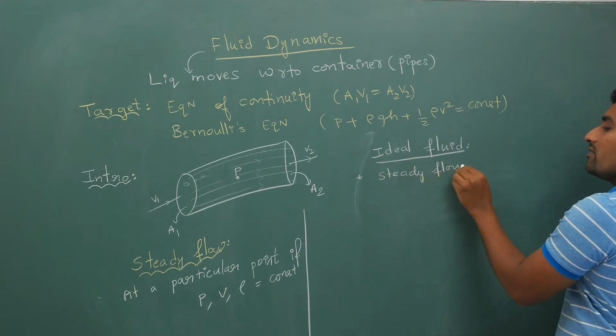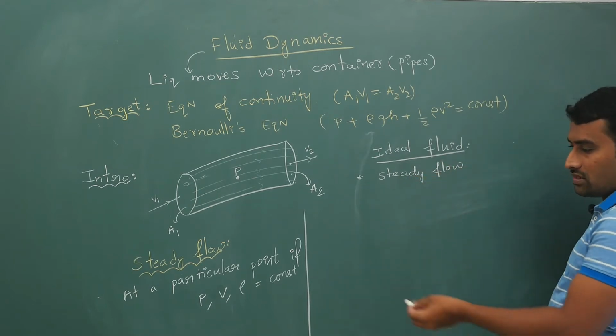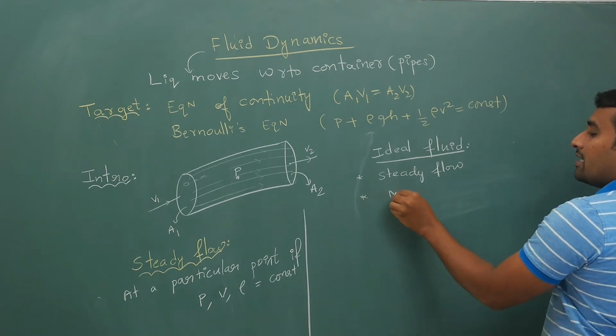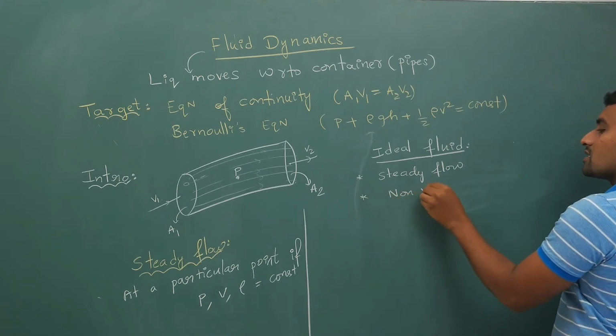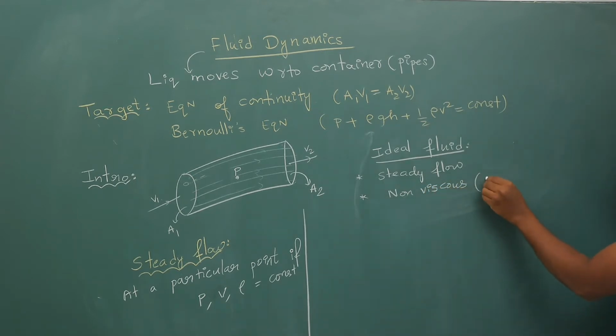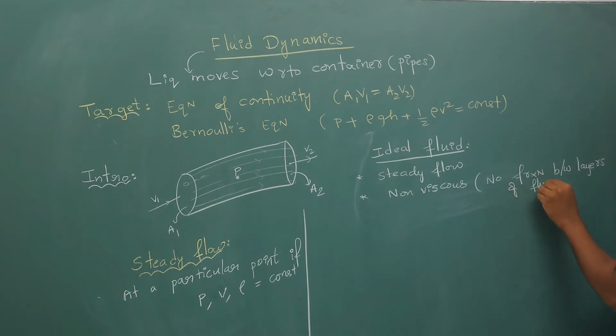That means your pressure, volume, density will remain constant, and it is non-viscous. Non-viscous in the sense that there is no friction between layers of fluid. So that is your non-viscous liquid.